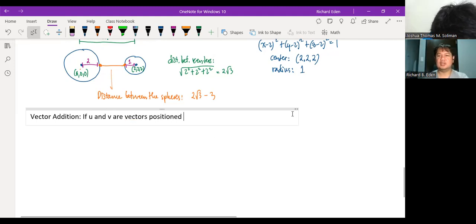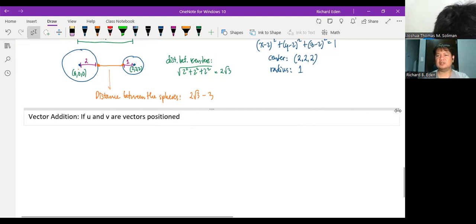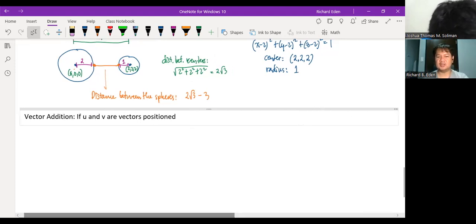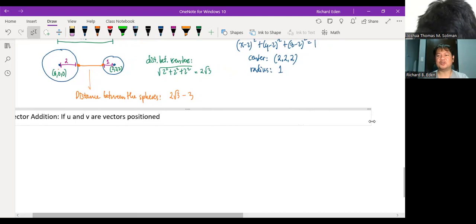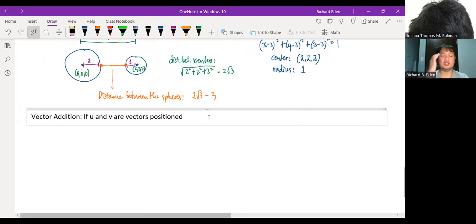Mas malinaw. So, as far as vector addition is concerned, madaling i-define na, just add the components. All right, but I want to start from this definition of what it means to add two vectors.